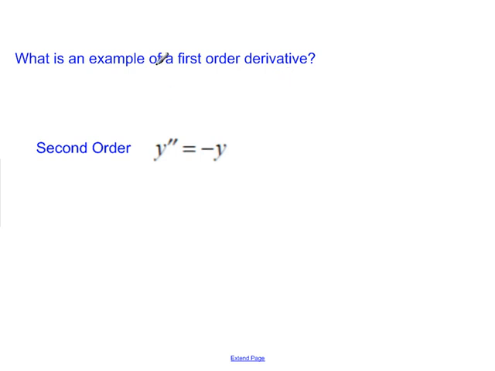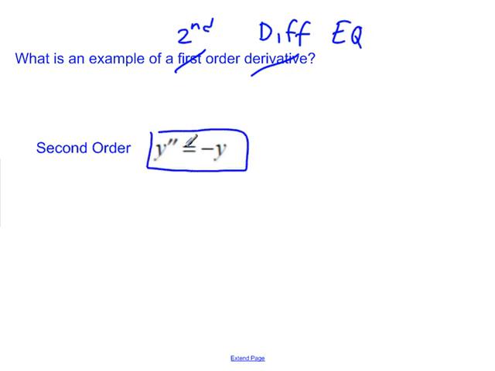What about a second order differential equation? Can anybody think about that? When you take the derivative twice, you get the negative value back. What could that be? Well, I'll give you a hint. Let's say y equals sine.